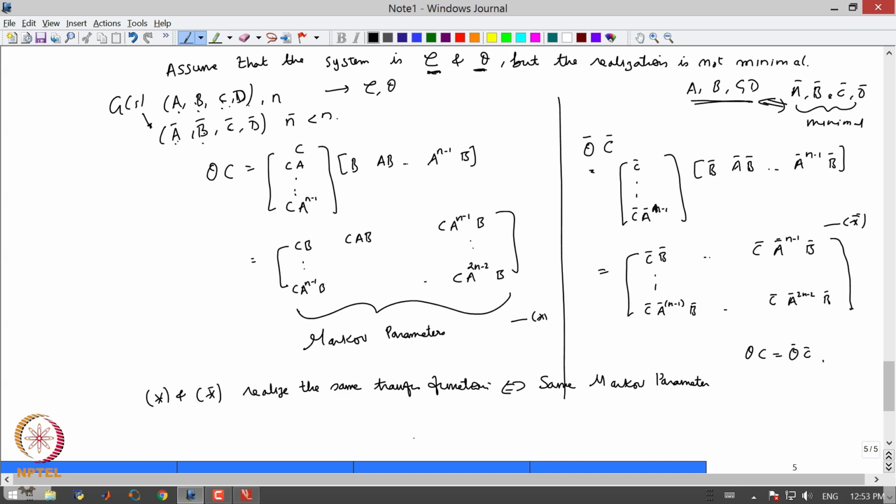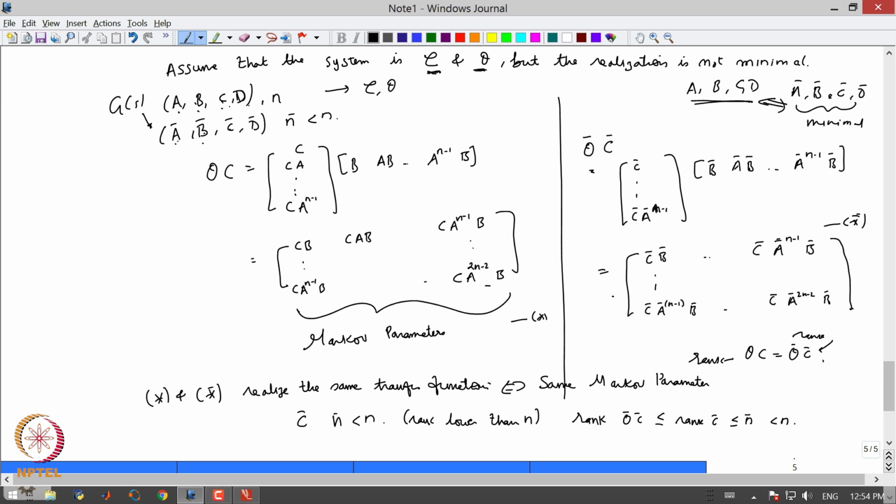Now, let us say that C bar has only n bar columns, which is less than n, and therefore its rank is lower than n. Therefore, the rank of O bar C bar is less than or equal to the rank of C bar, which is less than or equal to n bar, which is less than n. This contradicts the fact that if these two are similar, the rank here should be the rank here.